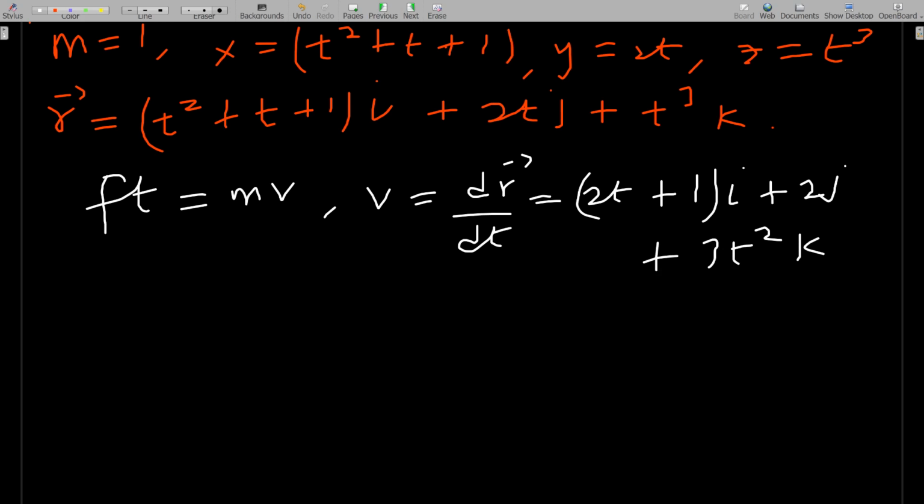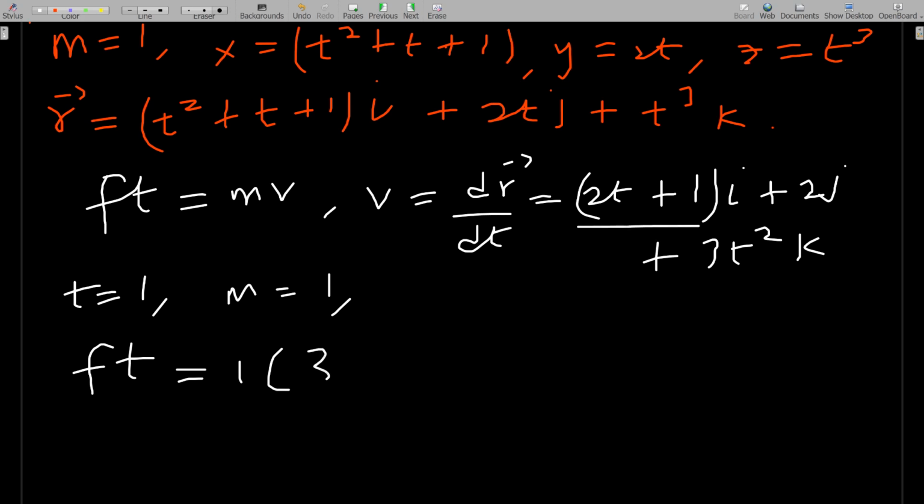I hope you get this. So we should find the impulse at the first second, meaning at t equals 1, what will be my impulse? Mass is equal to 1. Then it means my impulse Ft is equal to 1 times the velocity evaluated at 1. When I evaluate this at 1, I have 3i.